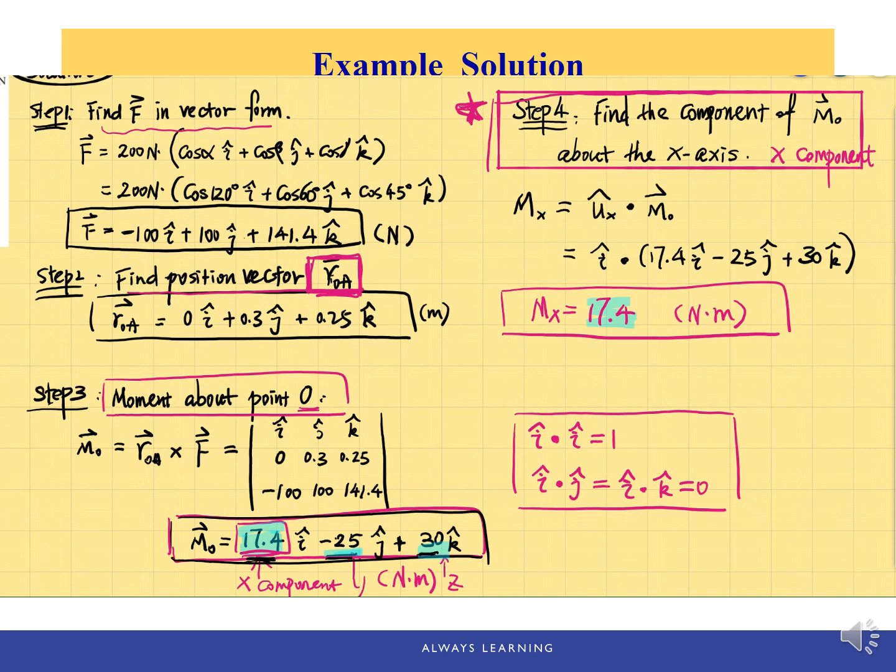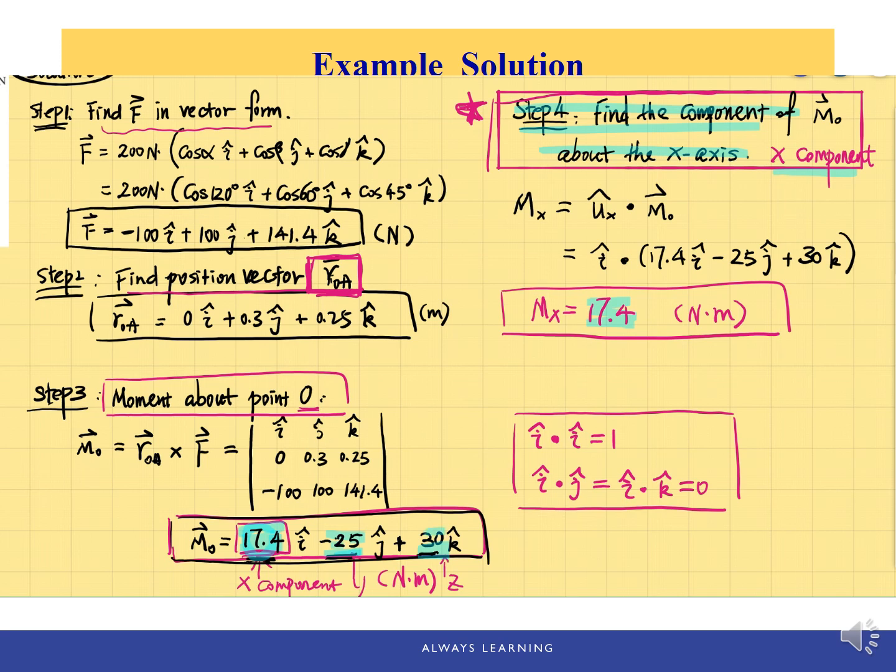So in other words, step 4 can be omitted in the future if we are looking for the x component or y component or z component. If you're looking for the component of this moment about the x-axis, then it will just be the x component. If we're looking for the y-axis, then it will just be the y component, and so on.